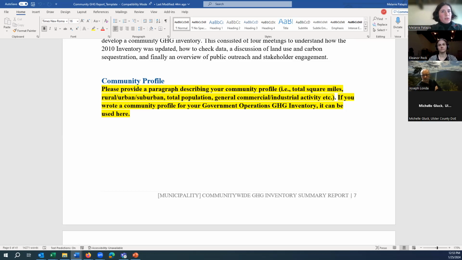So you're describing your community profile, and then you should highlight any of the actors that may be impacting your emissions. So for example, if you have high commercial sector emissions, you should explain why you think that you have high commercial. So do you have a college or university or large hospital in your community, or do you have industry? These should all be addressed here.